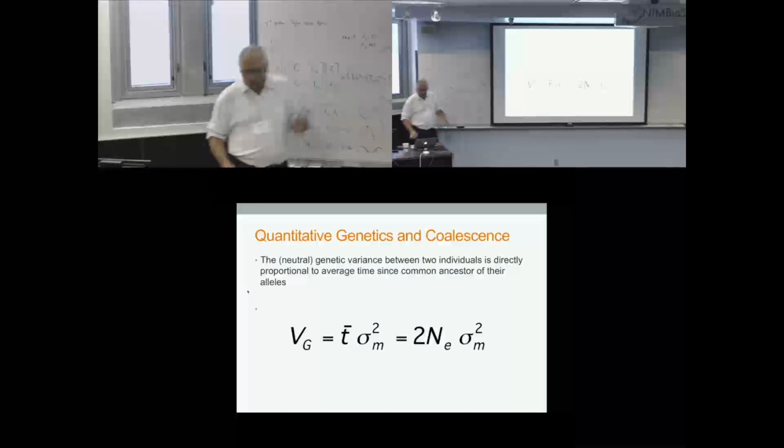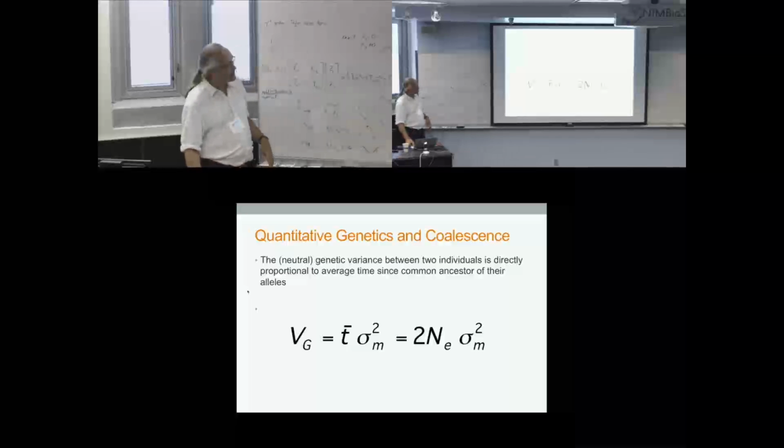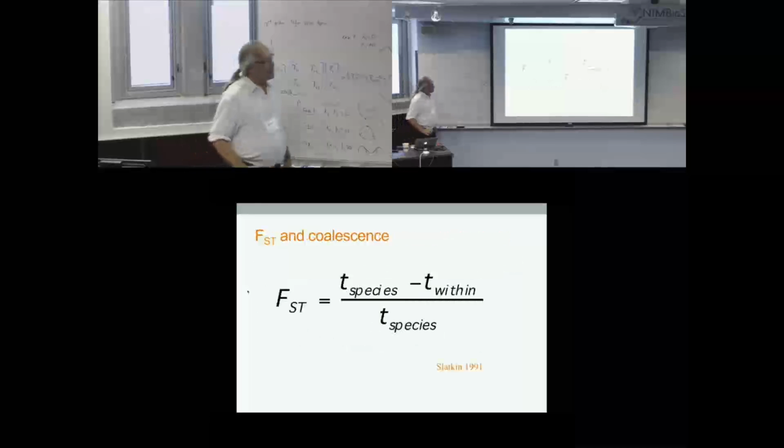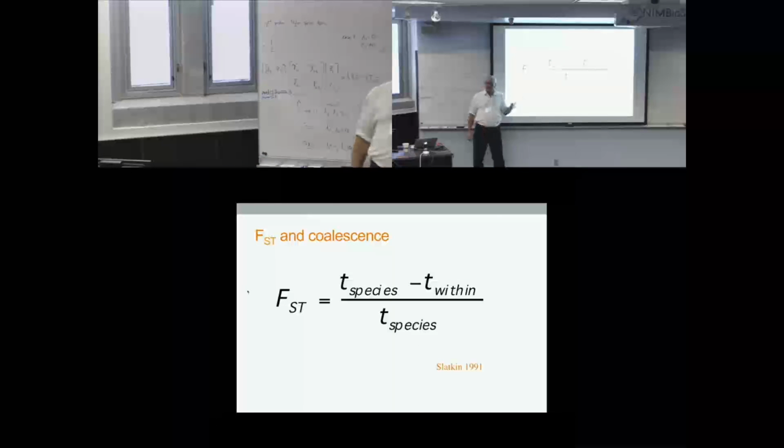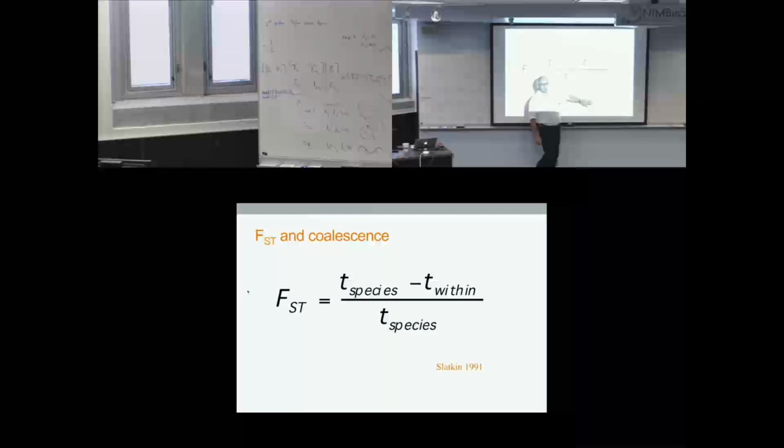Okay. Well, let's put this in a population genetic context, into a multiple population context. One of the other interpretations of FST came from Monty Slatkin in 1991. It turns out to be very useful.